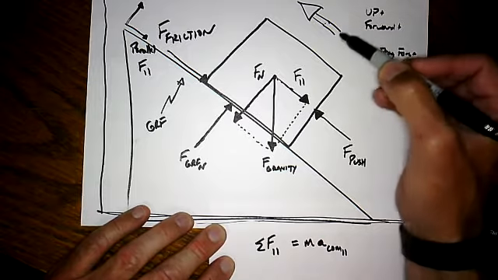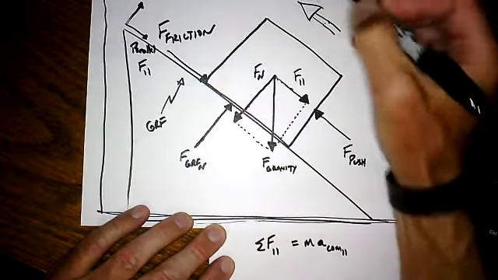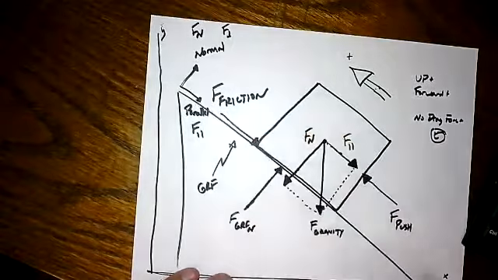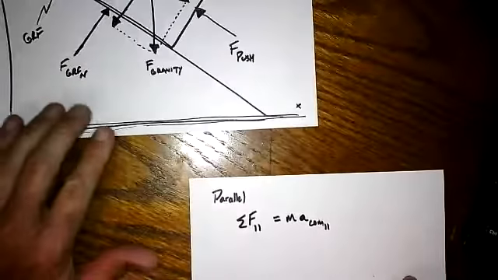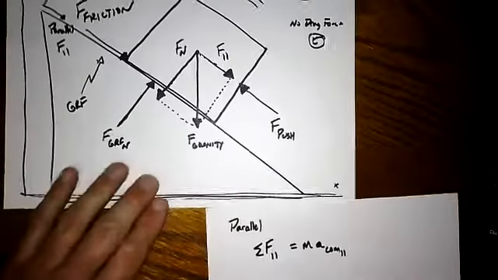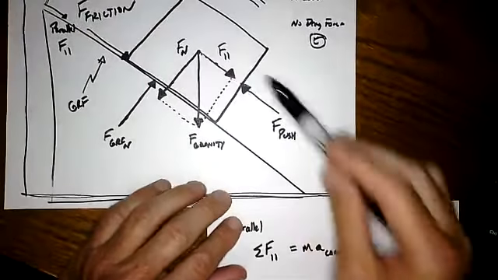We're going to say this direction is positive, even though I drew my reference frame like that. So we're going to say going uphill is positive. Any force that's pointing uphill is going to be positive.